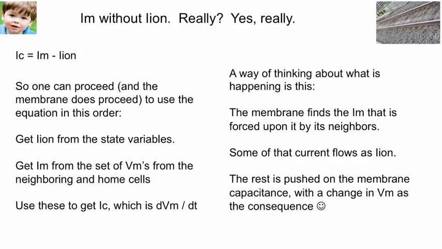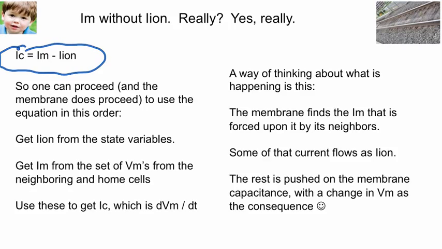Let's look at this more informally in yet another way. If we start with the equation IC equals Im minus Iion, it is as if the following train analogy was true.